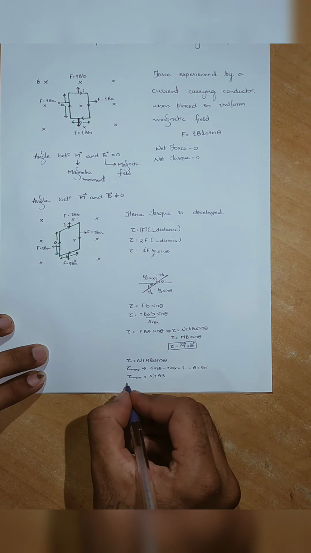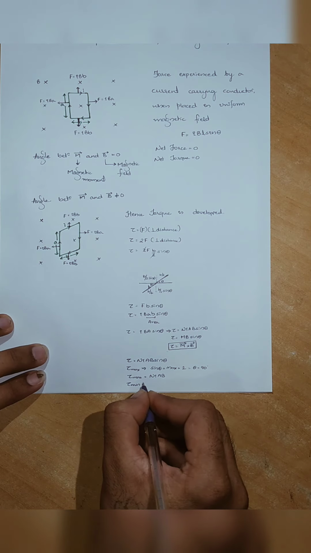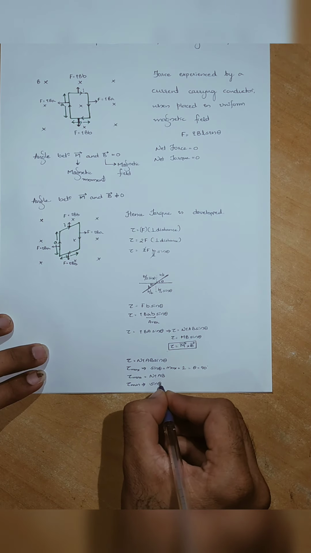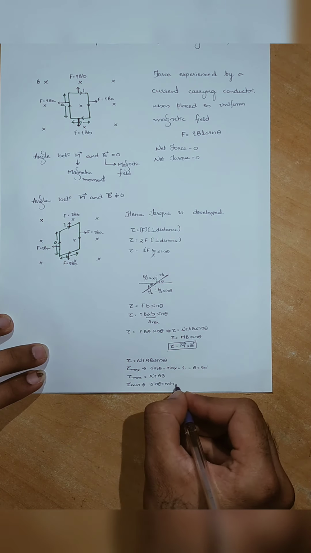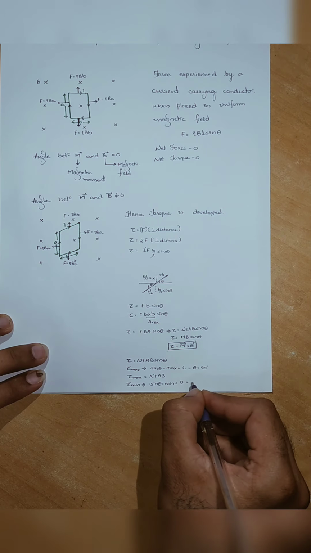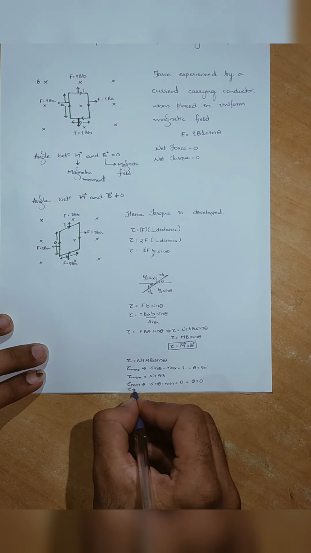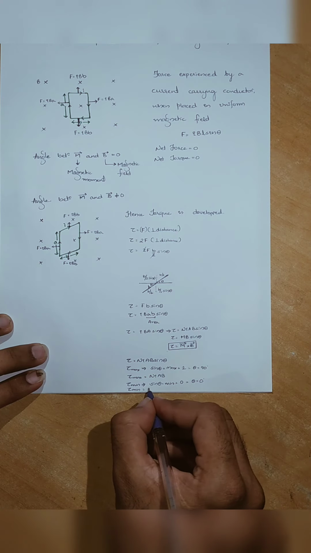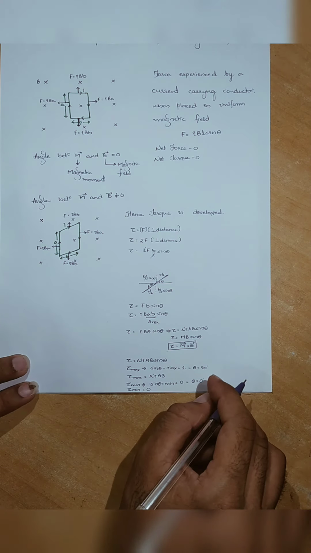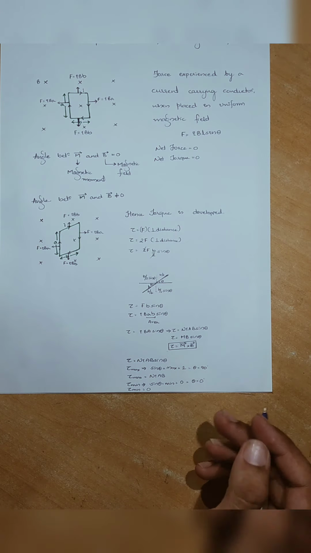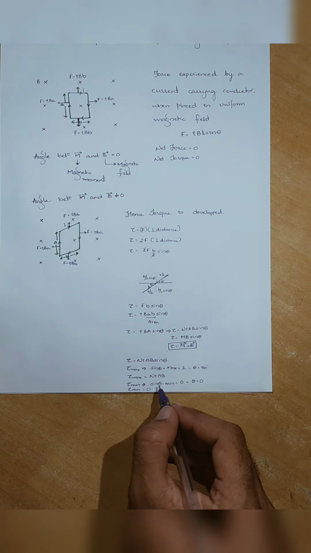Next, minimum torque. For tau minimum, what can we write? Sin theta should be the minimum value, which is nothing but 0, or we can write it as theta is equal to 0 degree. So tau minimum is equal to 0. For maximum torque, how much did we get? NIAB.